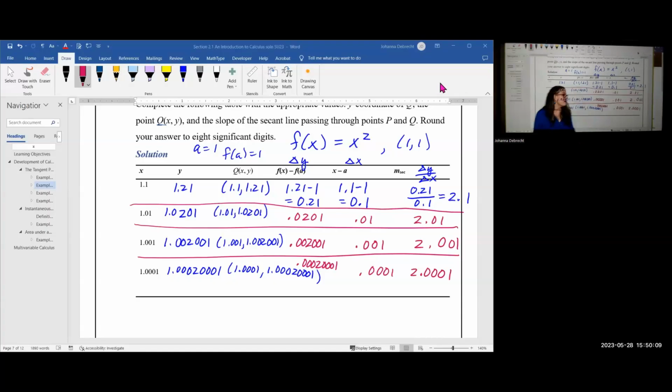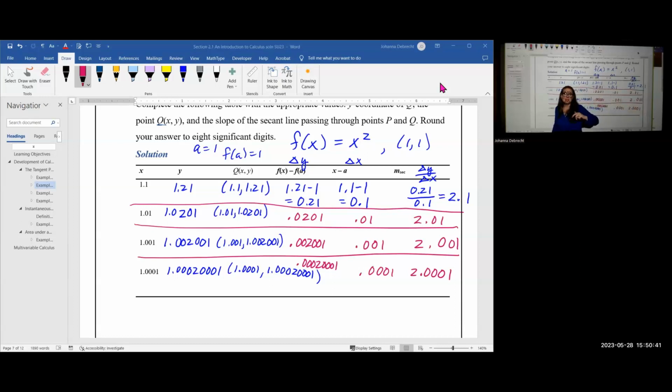So let's compare our values. You may want to pause the video again to compare yours to mine. I ended up having to add some rows so that I wouldn't get mixed up because this ordered pair got pretty large down here. When I found the slope with a secant line, I found that it started at 2.1 as we discovered, then it went to 2.01, then 2.001, then 2.0001.